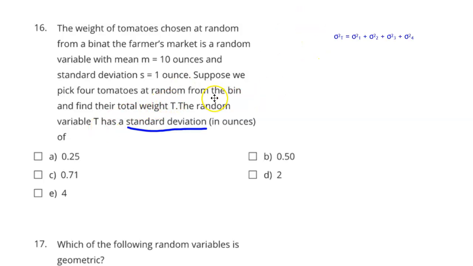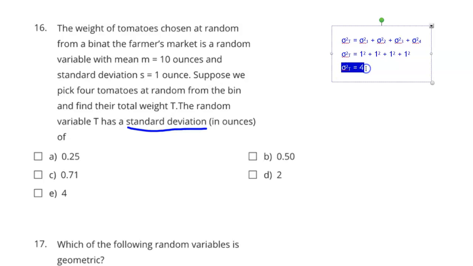And then once we get that variance, we can square root it to find the standard deviation. So let's do some substitutions. Now, admittedly, this was not that difficult to figure out because 1 squared is just 1, and so forth. So I got the variance is going to be equal to 4. That means that if I want to find the standard deviation, which is the variance square rooted, all I have to do is square root 4, which gives me 2. Not that bad. Fairly straightforward.